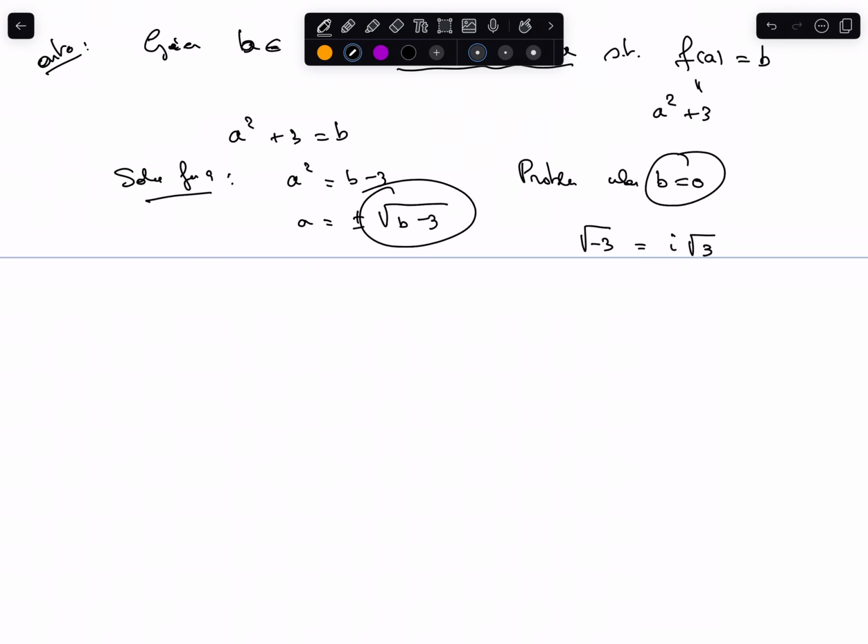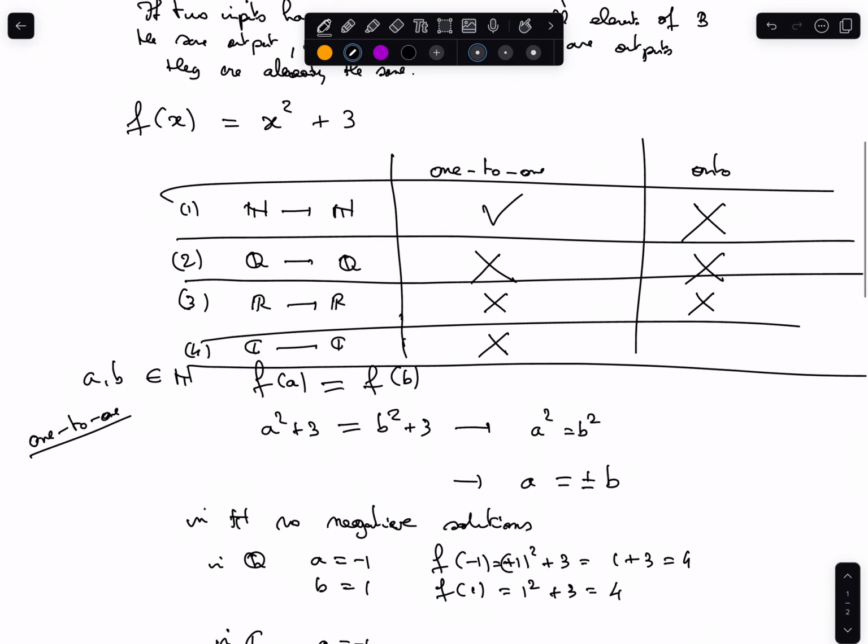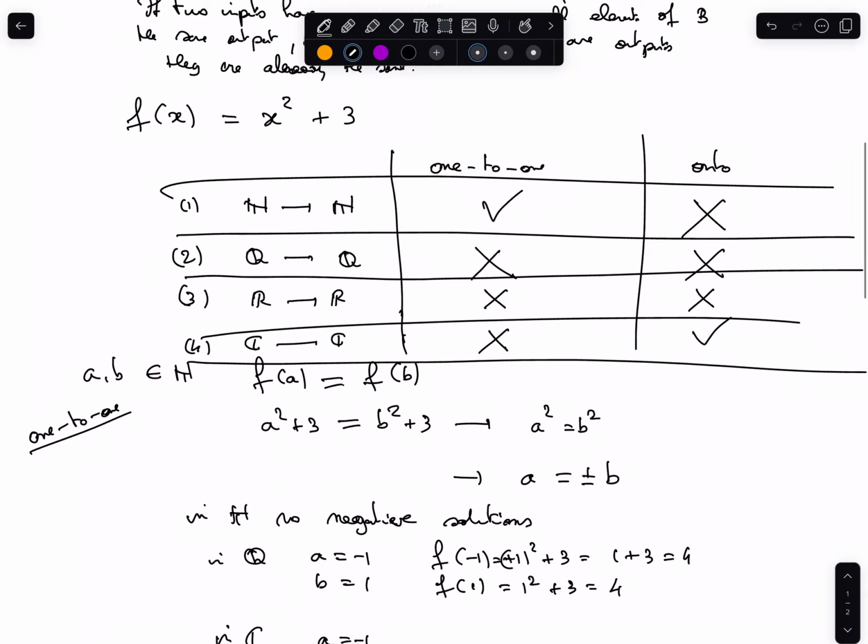But just giving one example is not proving that the function is onto. You have to give an argument, and the argument is that over the complex numbers, this equation can always be solved for a, because we can always calculate this square root. You see there are actually two possibilities here, but that doesn't matter. So here we see how these things can depend on the domain.